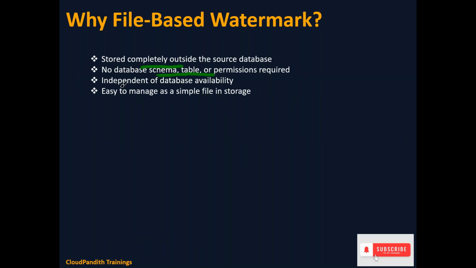Because it does not depend on the database availability, the pipeline remains loosely coupled and easier to operate. Overall, managing a simple file in storage makes this approach clean and straightforward. This approach is preferred when we want minimal database dependency rather than an additional database control table.